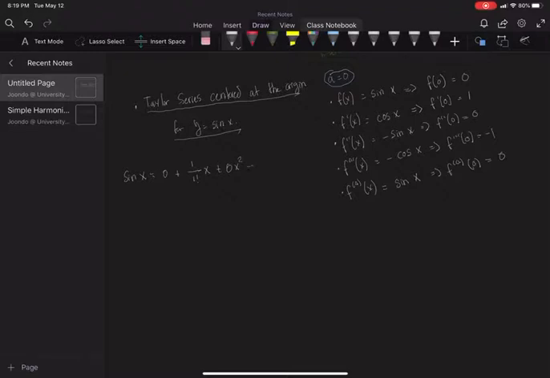Minus, because it's minus 1 here, 1 over 3 factorial x cubed plus 0 and so on.